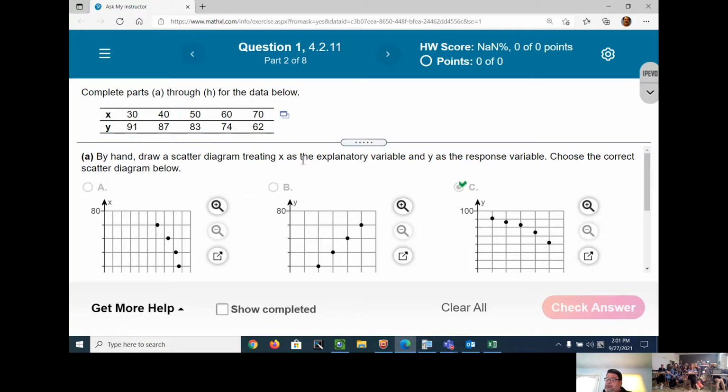X, and this is observed, and observed Y. In other words, these are the actual points.